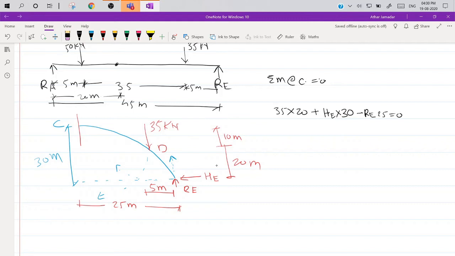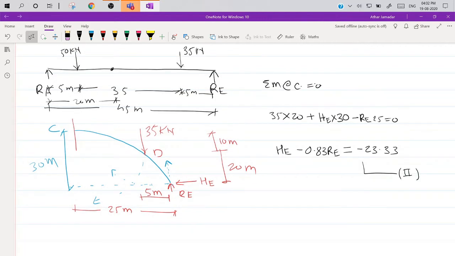Plus this HE into the vertical distance between C and E, that is 30, and lastly minus RE into 25, which is equal to 0. So if you solve this, you are getting HE minus 0.83 RE is equal to minus 23.33.